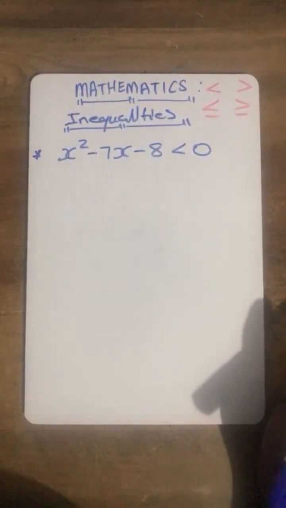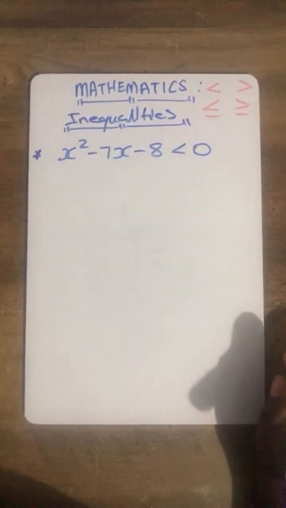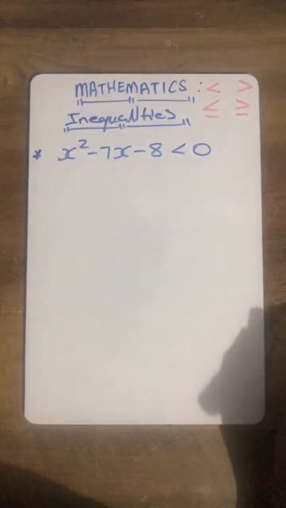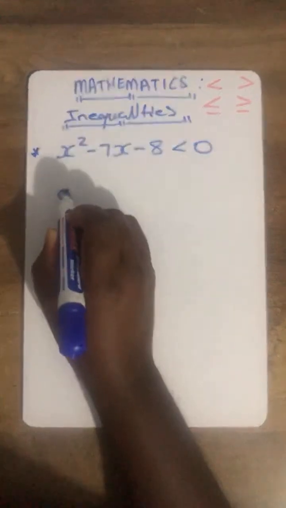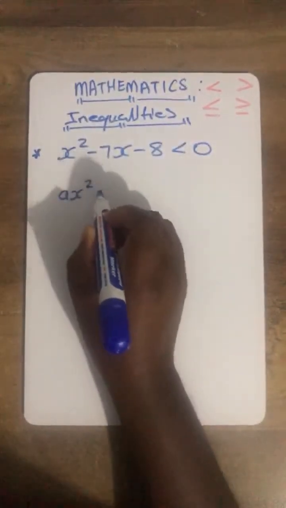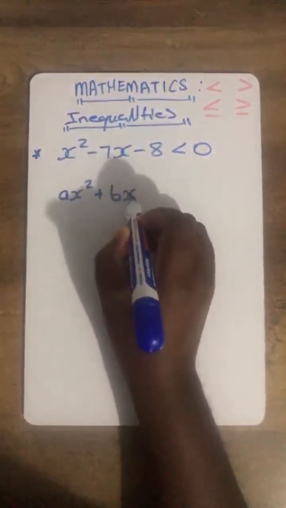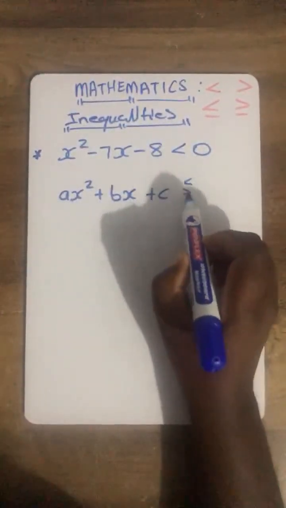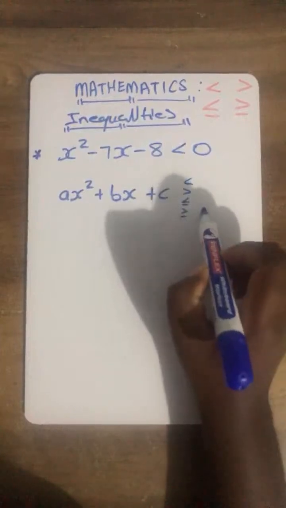So now, let's see. The first thing that you would like to do, honorable members, is to make sure that your problem is in the standard form. What do I mean when I say it's in the standard form? It has to be in that format of x squared plus bx plus c. Then it doesn't matter what inequality sign you are having.